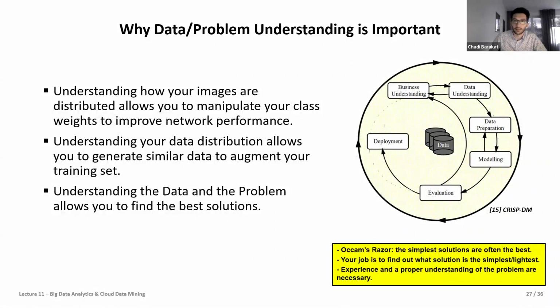Iterate, iterate, iterate all the time until you are sure that your approach is logical, it makes sense, it doesn't use up too many resources, but also it doesn't try to solve a problem in a very awkward way. And always go back to the original Occam's razor, which is that the simplest solution is often the best. Your job is to find out what the simplest solution is, and it's also your job to implement it and find the best way to implement it.